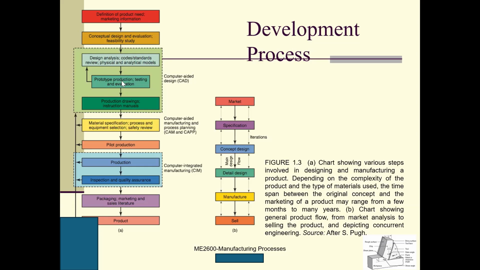Here is computer-aided design. Computers are commonly used as the tool for designing. So this is computer-aided manufacturing, computer integrated manufacturing (CIM), and also packaging, marketing, sales and literature, and then go to product. So we have two figures here.